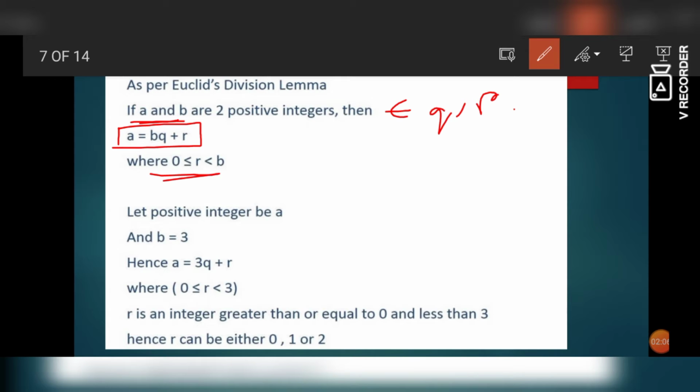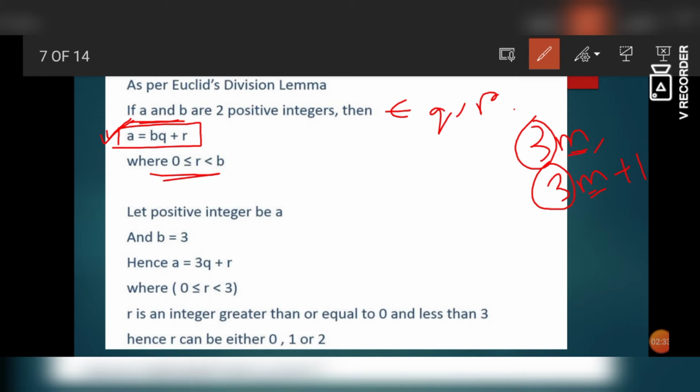In our question, we have to express the square of that number in 3m or 3m plus 1. So here you can see that the number 3 is with an integer m and it is expressed similar to the expression a is equal to bq plus r.